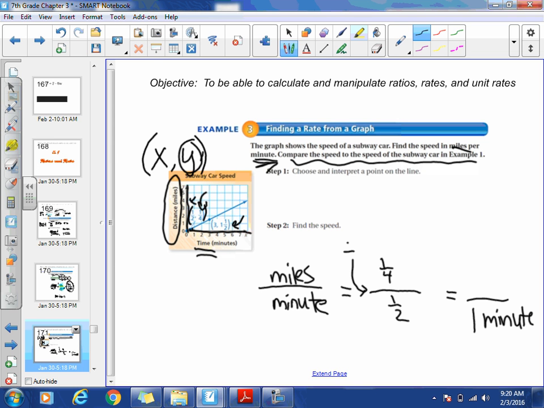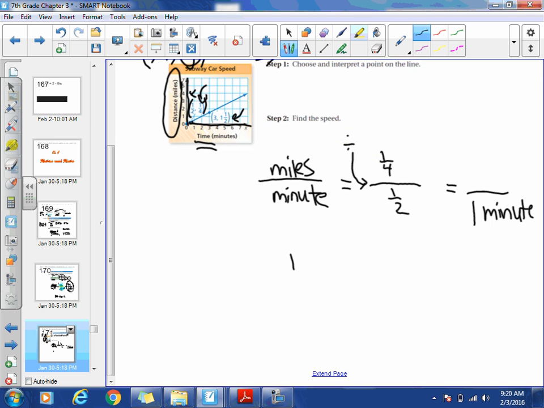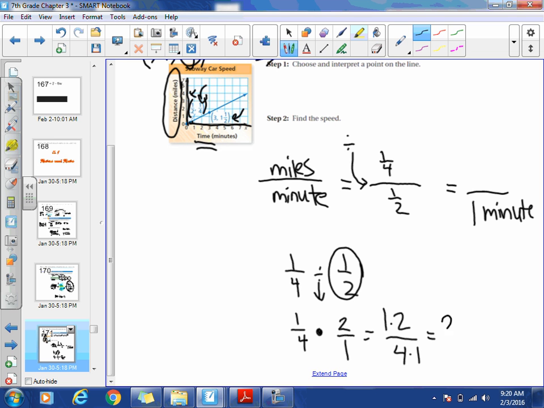Every fraction bar means divide. So we take the numerator, 1/4, divided by the denominator, 1/2. To divide a fraction, you change divide to multiply, and then you take the reciprocal of whatever comes next. Then we multiply our numerators and multiply our denominators.